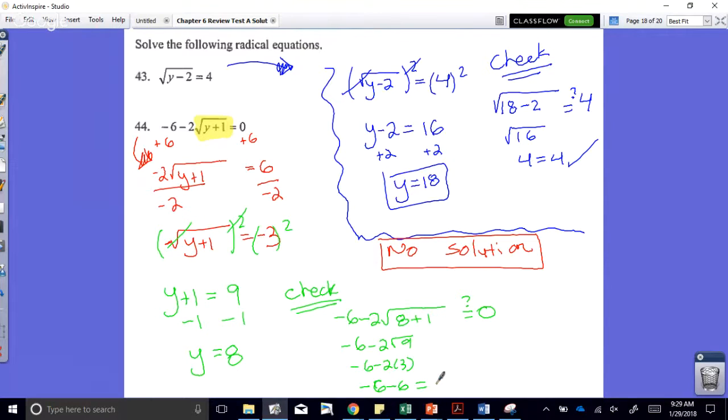And negative 6 minus 6 is negative 12, not equal to 0. Okay, if we get an answer, 8, and it doesn't work when we plug it back in and check it, that means that there is no solution.